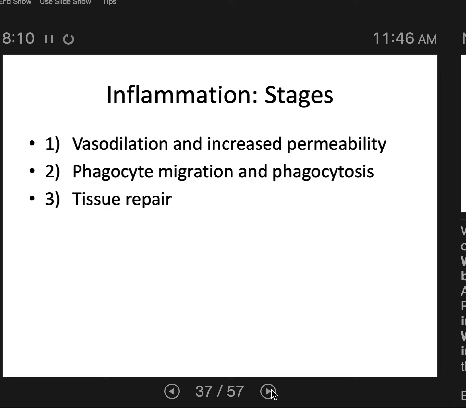So the reason for vasodilation is, I told you that it brings a lot of blood to the site of infection. There are a few reasons that you want to bring more blood to the site of an infection or to the site of a wound. One reason is you want to bring more oxygen because you're going to have a lot of white blood cells and they're going to be working really hard.